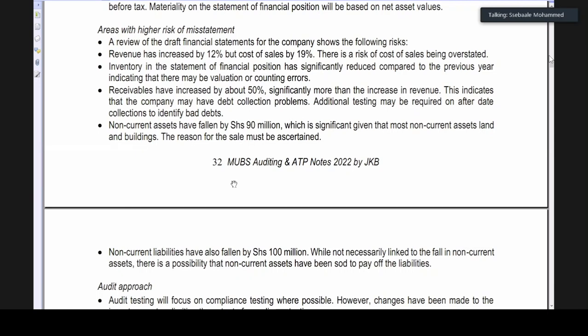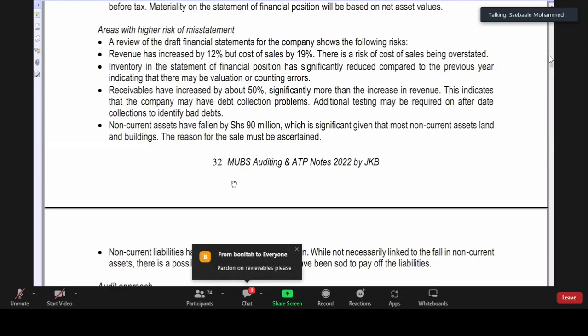So you have to ask yourself, what was the reason for selling off this motor vehicle? Were they selling it off because they wanted to pay off liabilities, or there must be a justification for selling off the non-current asset?